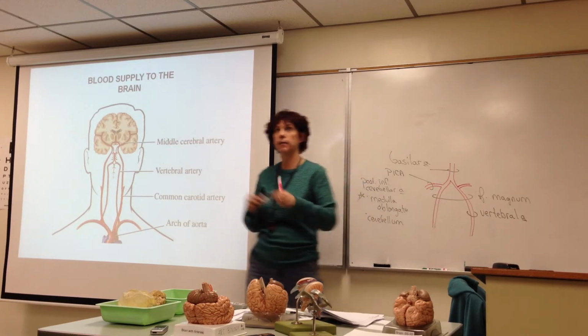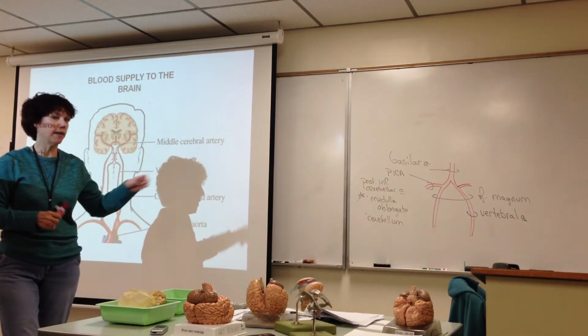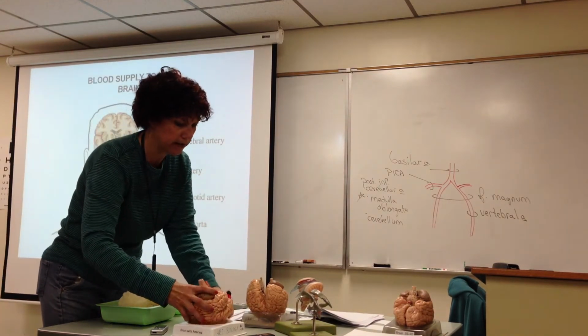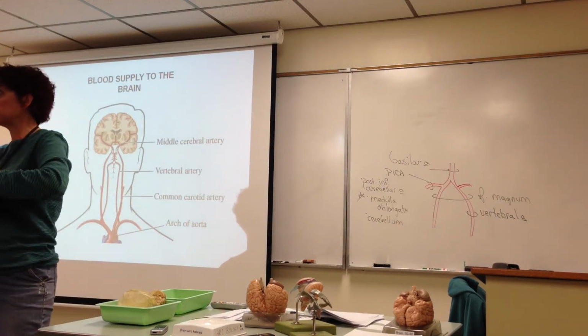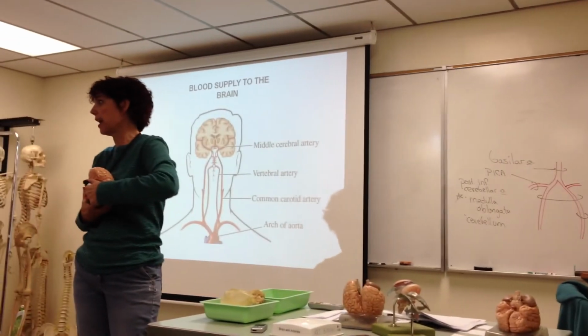Because in the medulla, as we'll see in 3 or 4 days, the medulla oblongata, part of the brain stem, part of this structure that you see right here, has sensors in it for heart rate and blood pressure and respiration. They lose their blood supply and you die, okay?